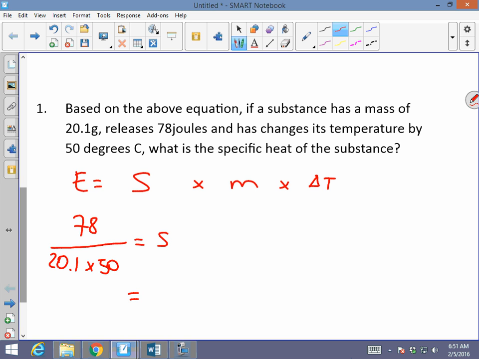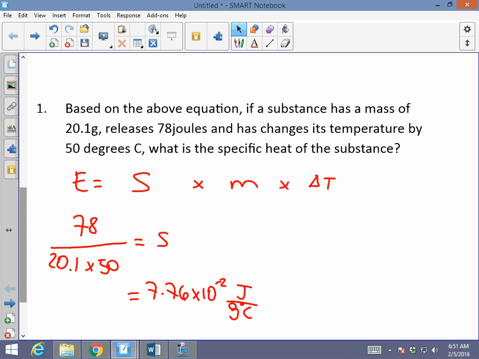When I divide 78 divided by the multiplication of 20.1 times 50, it comes out to be 7.76 times 10 to the negative 2. In this case, I cancel no units, so it is joules over grams degrees Celsius.